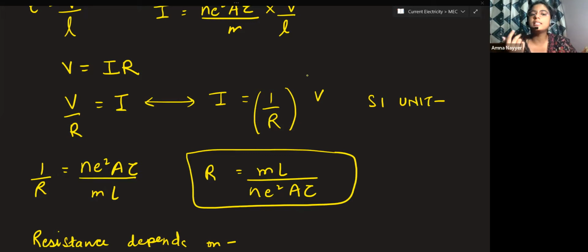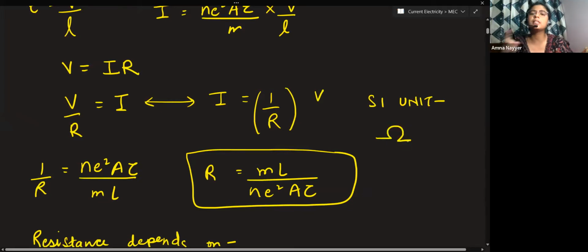For resistance, 1 ohm is basically 1 volt by 1 ampere. So we have a better name for volt per ampere. This symbol is called omega, and the SI unit is known as ohm.